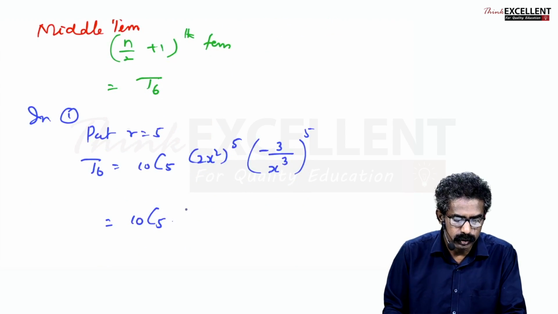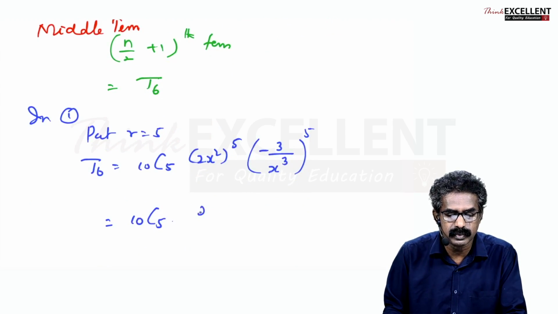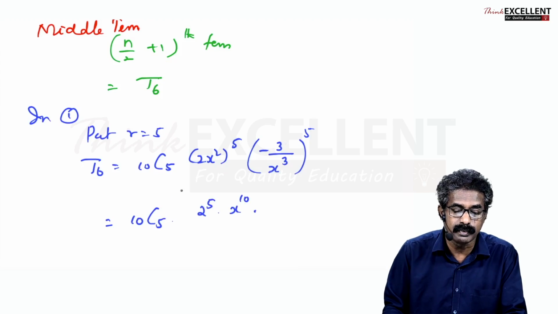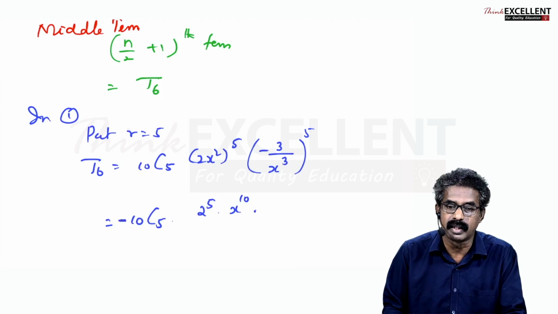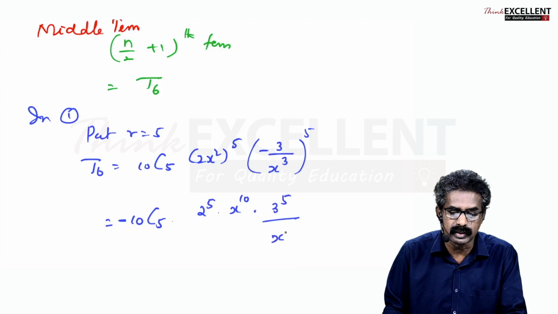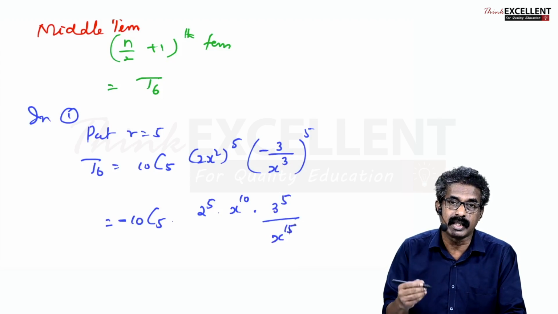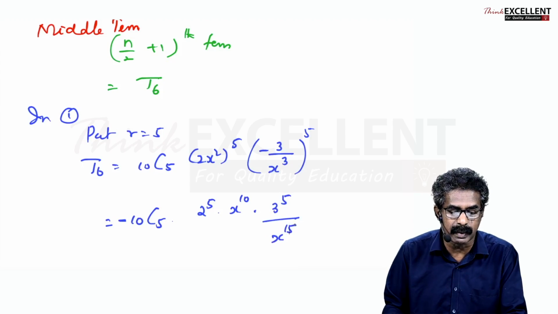10C5, 2 raised to 5, x raised to 2 into 5, 10, minus 5 times, so it should be minus, I'm writing in the front, minus 3 raised to 5 by x raised to 3 into 5, it is 15. a raised to m, the whole power n is a raised to mn, right?